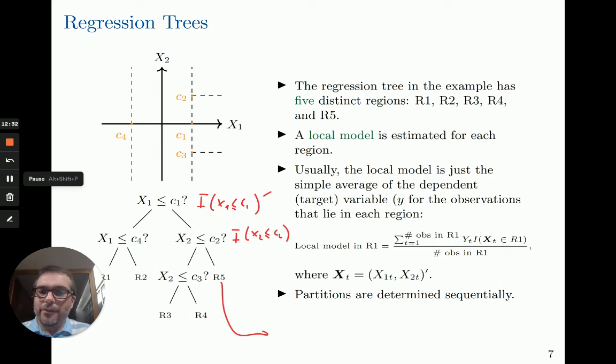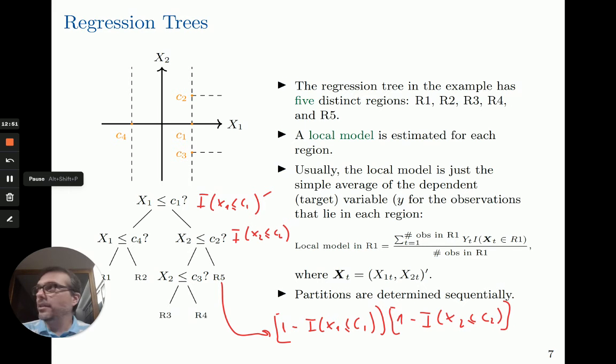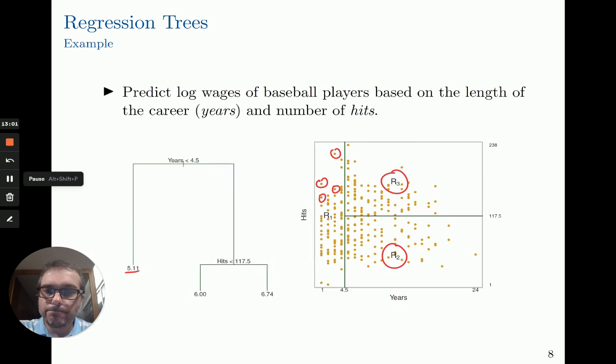So basically R5 will be defined by 1 minus the indicator of x1 less or equal c1, times 1 minus the indicator of x2 less or equal c2. Okay, so this defines the indicator function for region R5.